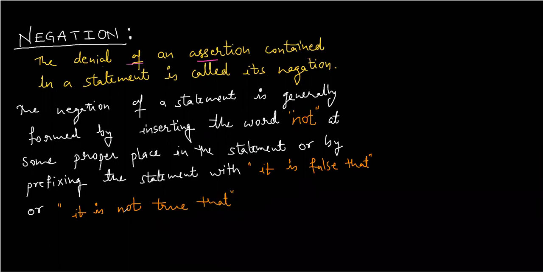You say it is not true that, and after that you write the complete statement. That will become the denial of the given statement. Or there is one more, it is not the case that.